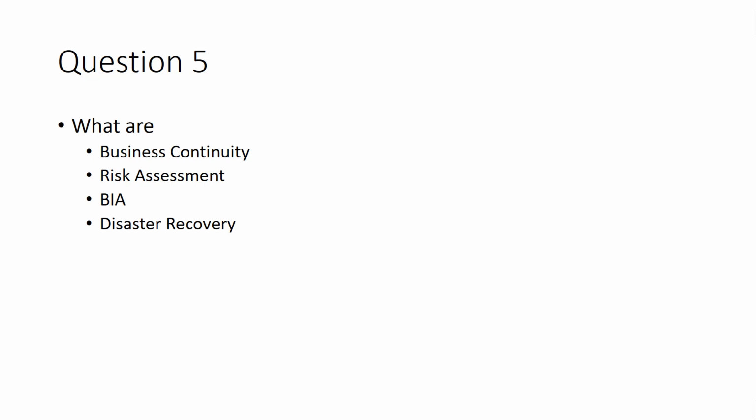Understand business continuity, risk assessment, business impact analysis, and disaster recovery. Business continuity is encompassing the planning and preparation to ensure organizations can continue to operate after a serious incident or disaster. So this is the prelude to disaster recovery. Disaster recovery is the actual planning for the disaster, and you get together a disaster recovery plan.